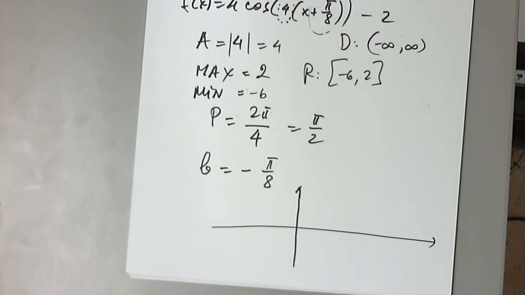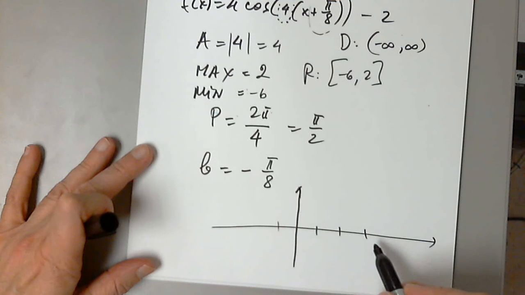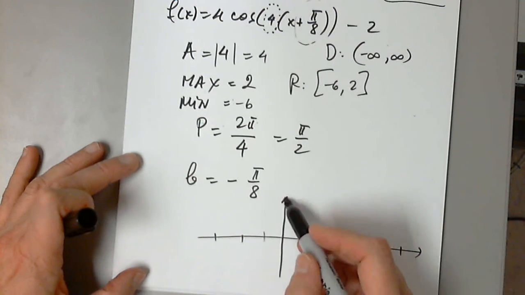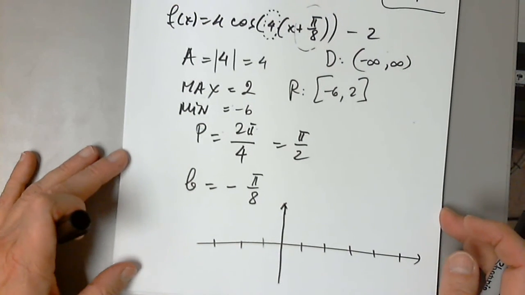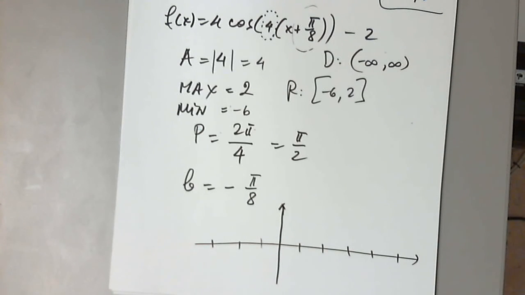Okay, what is pi/8? Pi/8 is half of pi/4. Can you do it exact? That's what I'm trying to do. I can't otherwise. I don't know how to do this otherwise.